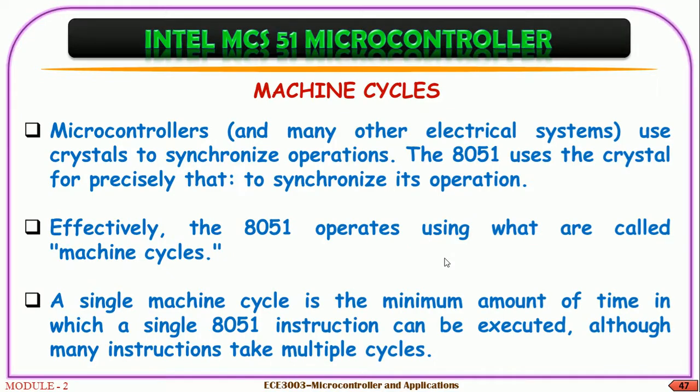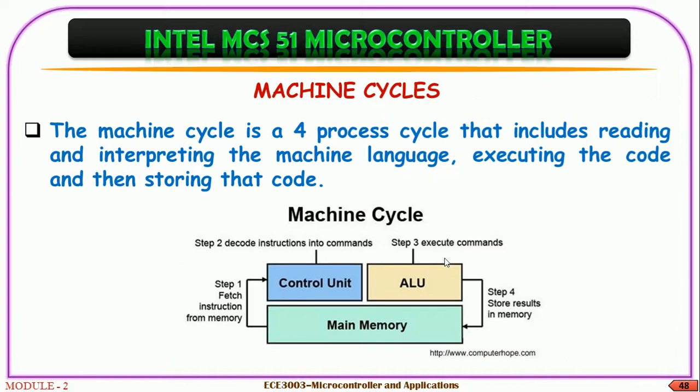Then the machine cycle. The machine cycle is the minimum amount of time in which a single 8051 instruction can be executed, although many instructions take multiple cycles. The machine cycle is a 4-process cycle that includes reading and interpreting the machine language, executing the code, and then storing the result.